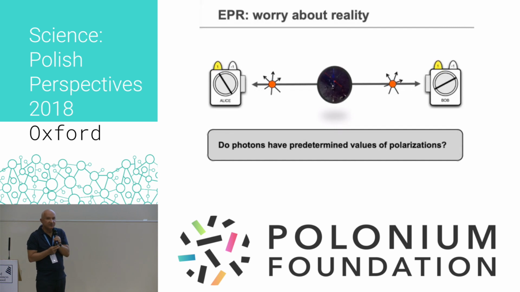So that should be clear, right? Now, Einstein then came up with this argument where he considered two particles, and this is again a modern version of the whole thing, where you have two photons coming from a source, and one photon will go to Alice and another photon will go to Bob, and Alice and Bob will be performing measurements of polarization along certain directions and checking whether they can see any correlations between those polarizations.